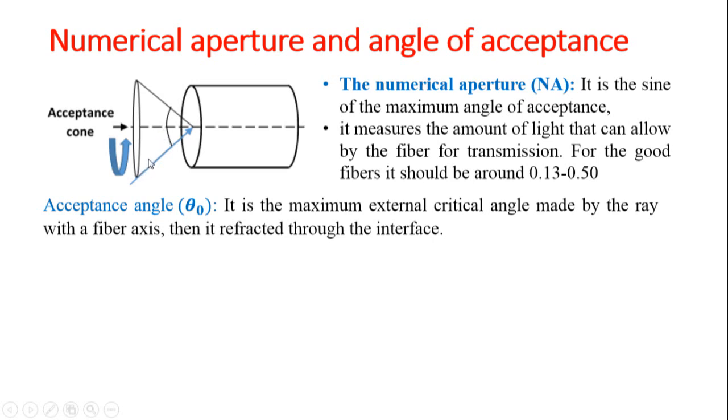If the angle of incidence is theta c, and you rotate it around the fiber axis, we get a cone. This cone is known as the acceptance cone. It forms a virtual cone. Through this definition, any ray that enters the fiber within this cone is accepted. The cone acts like a funnel.